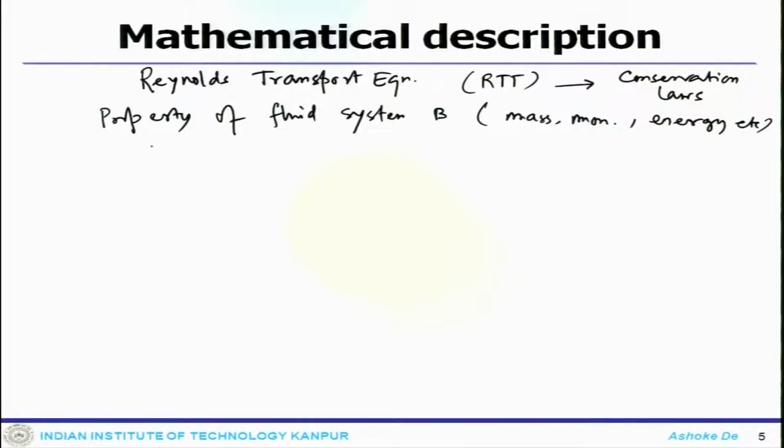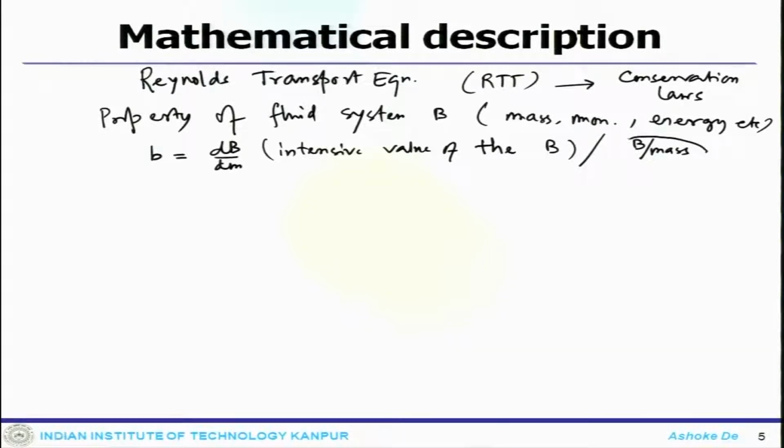And small b is dB by dm, that is essentially the intensive value of B, or rather you can say B per unit mass, the specific value.